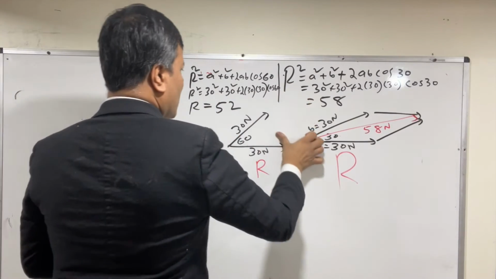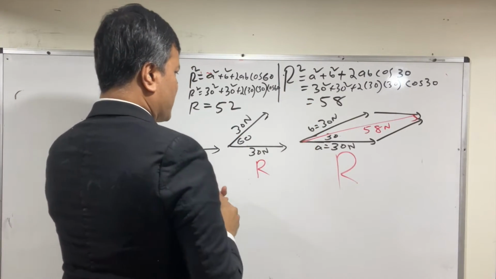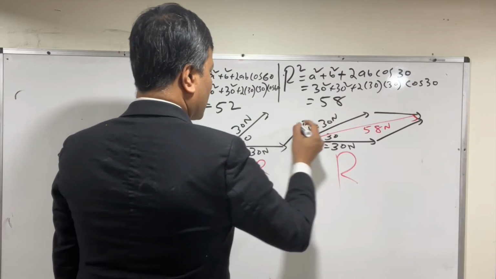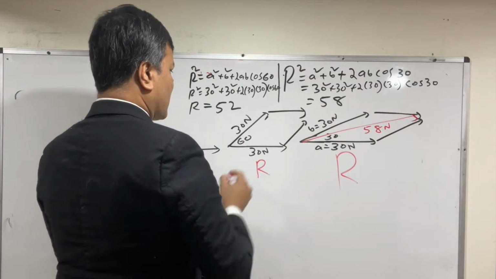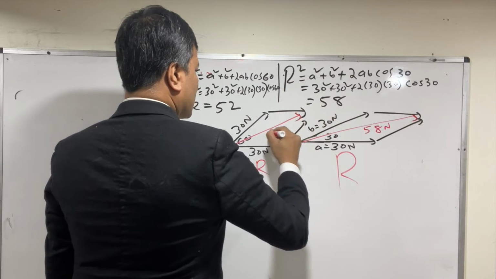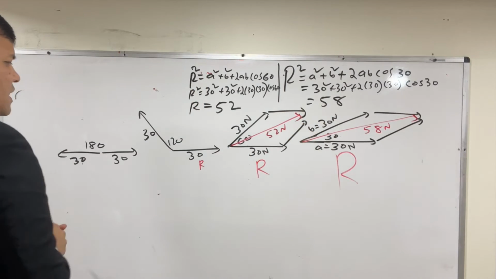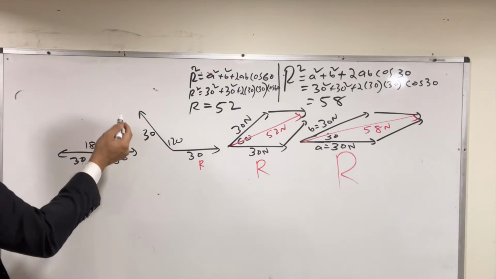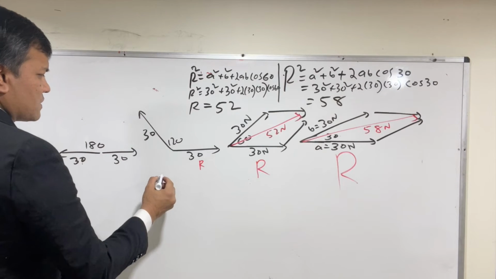Now how can you draw it? Of course you draw it by a parallelogram, and this is how your 52 is going to look like, right? This one, without doing it, you know this is of course 30 because this is 120.